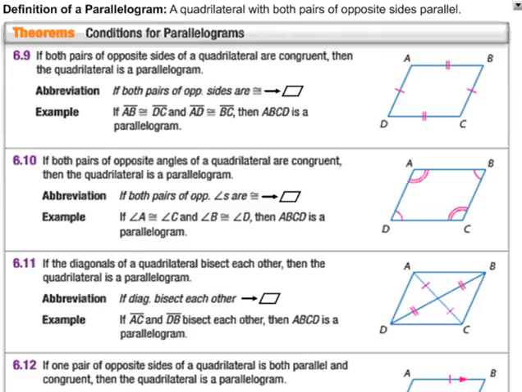that if we have both pairs of opposite sides congruent, that means it's a parallelogram. If both pairs of opposite angles are congruent, then it's a parallelogram. If the diagonals bisect each other, then it's a parallelogram.